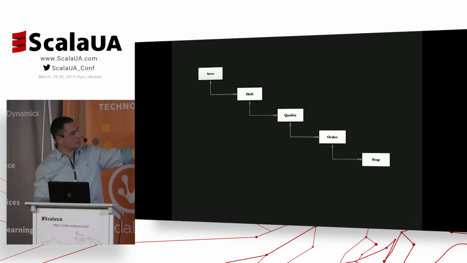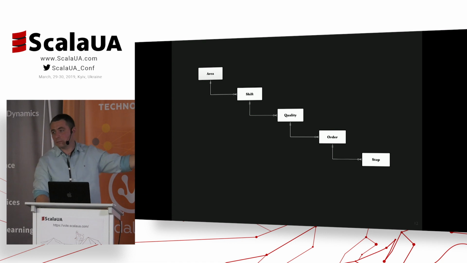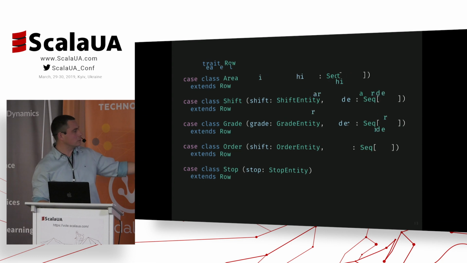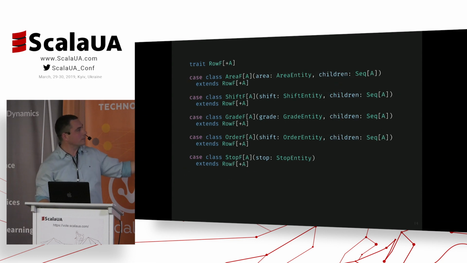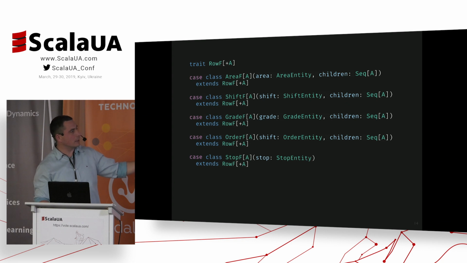This material will be sold to different customers, and during this production you can have incidents. So basically this is a 5-level structure which is represented like this. An area has shifts, and shifts have grades, and grades have orders, and orders have stops, and stops don't have anything, which is kind of very hard-coded.